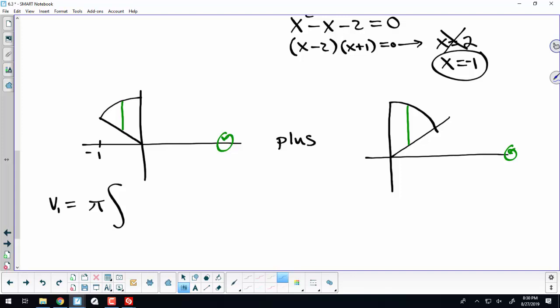It's the top function, which is our quadratic, down to the axis of revolution. So outer radius, 2 minus x squared, squared, minus the inner radius squared. And our inner radius was determined by what? Negative x. That's y equals negative x.